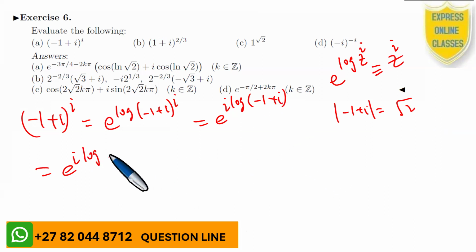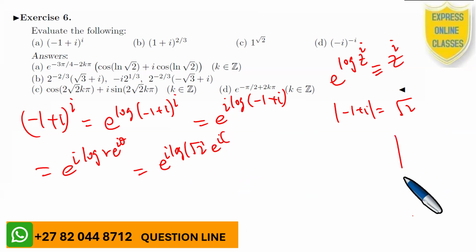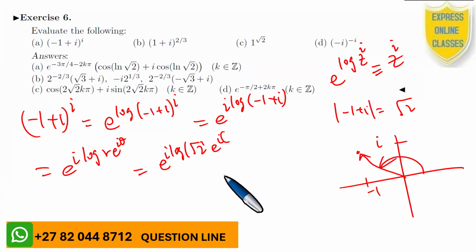Now, a complex number like this is always r e to the i theta. So the log, what is the radius? The radius is exactly the square root of 2. If x is minus 1 and y is 1, you have this, so that argument is that. If this is π over 4 radians, this one is 3π over 4. How do we know?